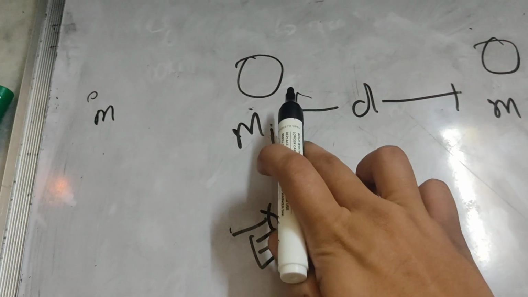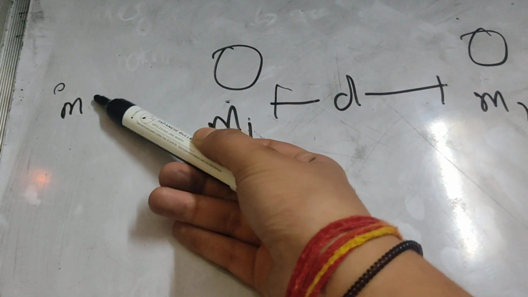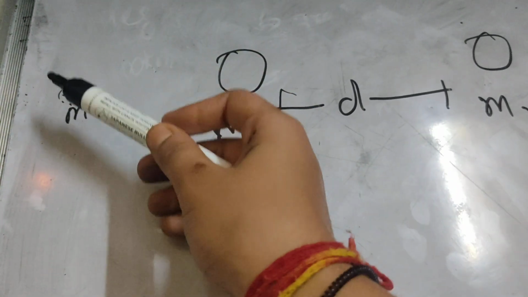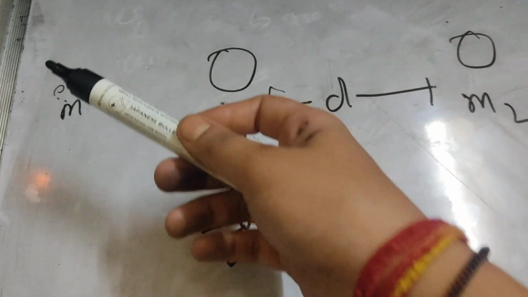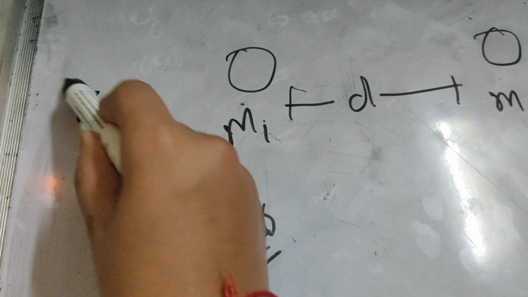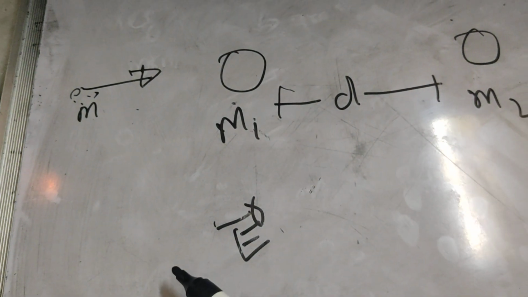Now this m1 mass and this m, whichever body you take, suppose I am considering here this small unit mass m. On this small unit mass m, what is the gravitational force due to m1? It is directed towards this side only, no? Because it is always an attractive force, right?